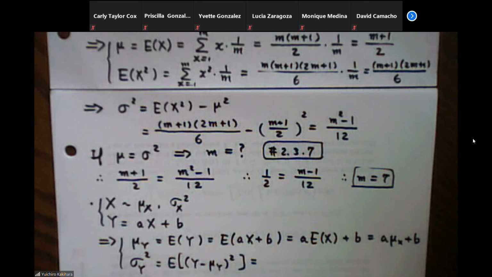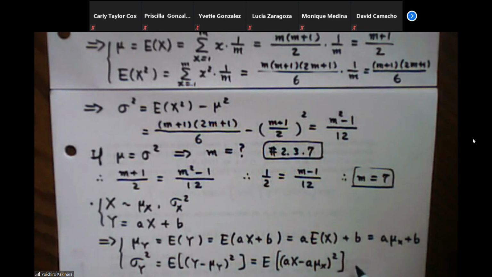Then y is ax plus b, and mu sub y is a times mu x plus b. You see this b and this b will cancel: b minus b is 0. Only ax minus a times mu x remains, and that part is squared, and we take the expectation.